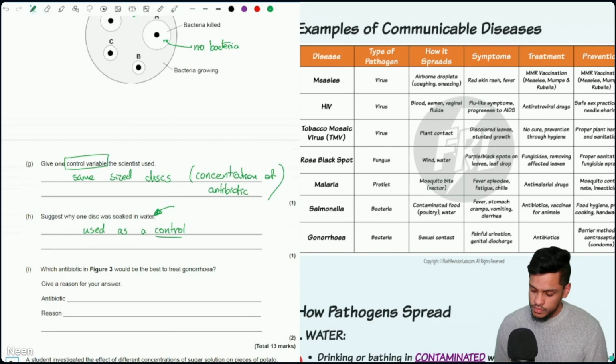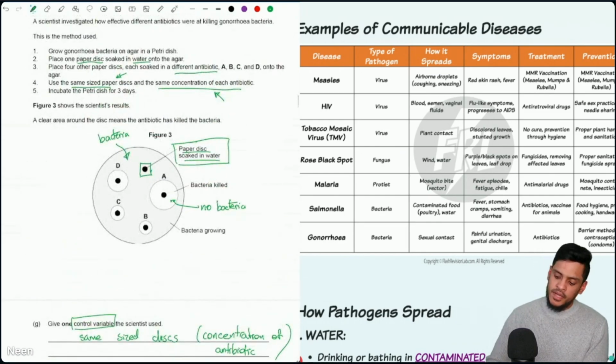A control is something that you use to compare your results. You know that antibiotics are going to kill the bacteria, but we soak one in water just to prove that those bacteria aren't being killed by anything else. They're not being killed by water. So we use that as a control just to show that it is actually the antibiotics that are killing the bacteria.